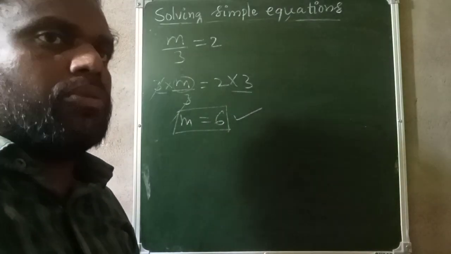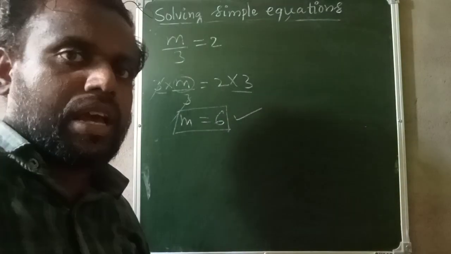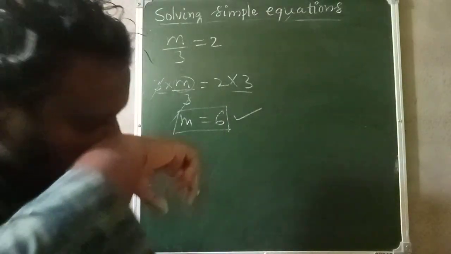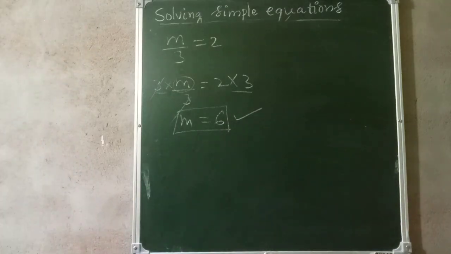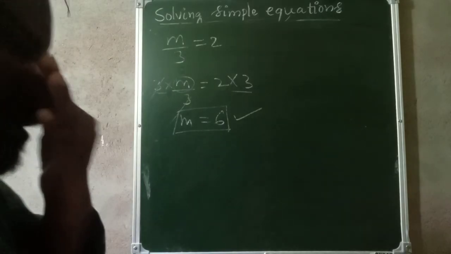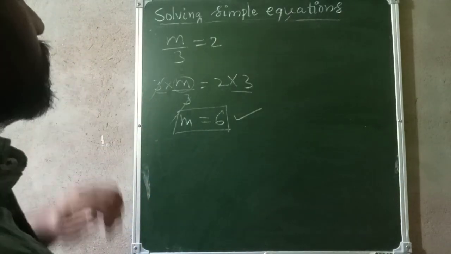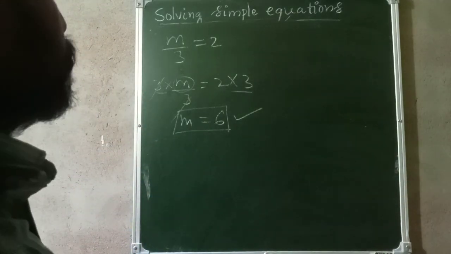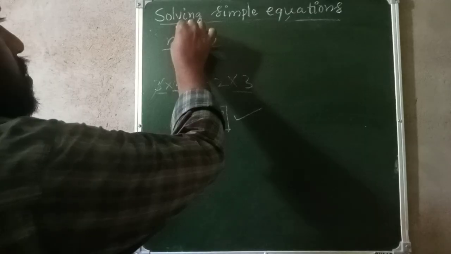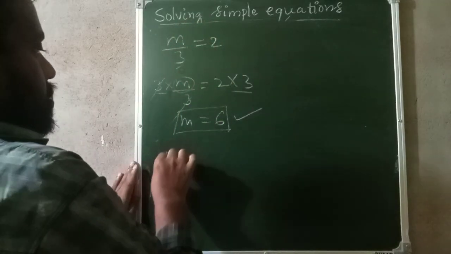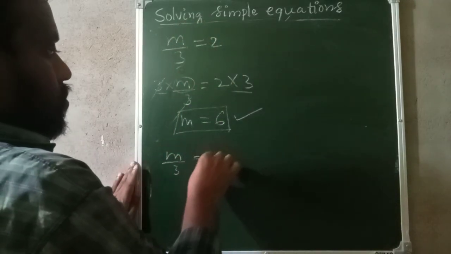Now we have to check whether this answer is correct or not. To check the answer, first I will write the same thing, m by 3 is equal to 2.